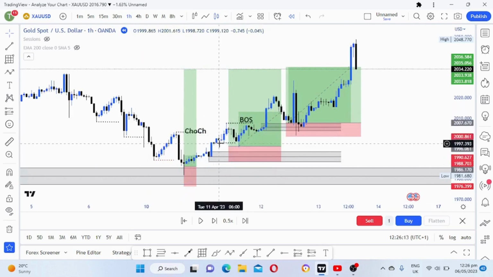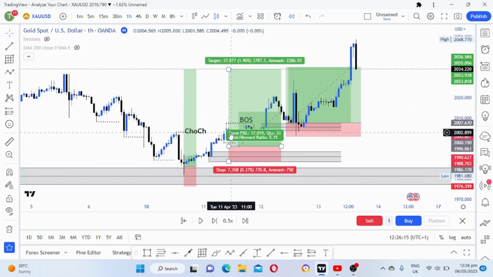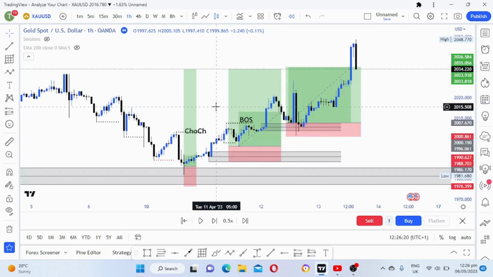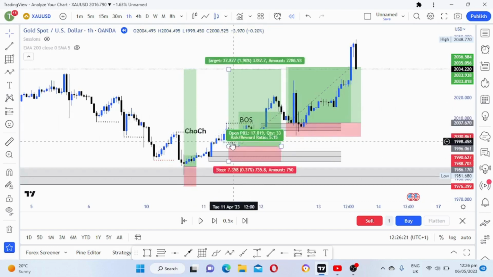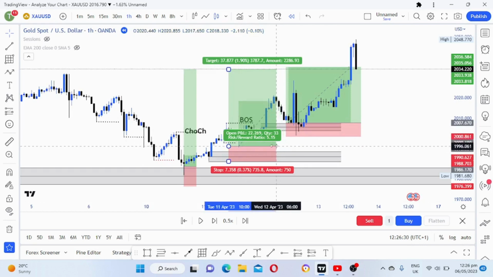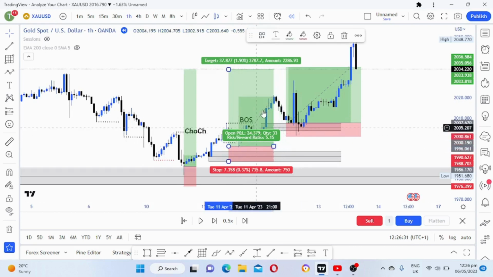As you can see, this was our pullback. Price came back to sweep liquidity below this zone. Price grabbed liquidity here, and then from there we took a second buy. This is our second buy, and then after tapping here, grabbing liquidity, we shoot back up.